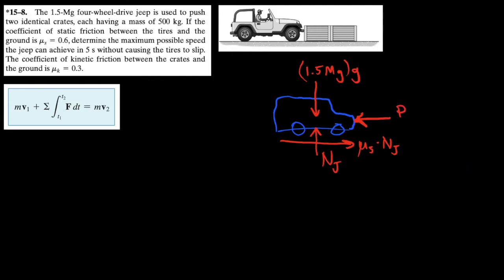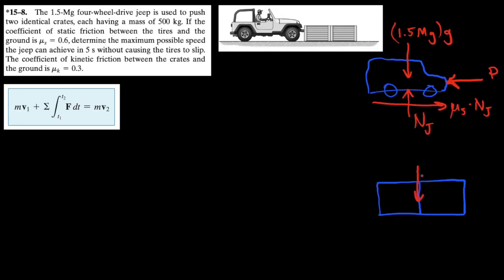Now let's draw the diagram for the crates. So we have the two crates here. Let me actually move this stuff around. So we have the weight of the crates, and there are two of them, each weighing 500, so that's 1,000 kilograms times g, due to gravity. We have the normal force for those crates, N_C.